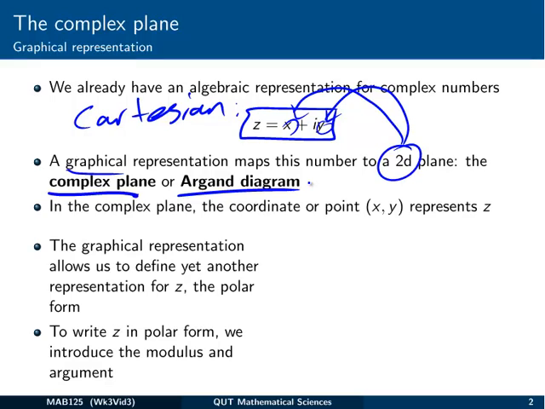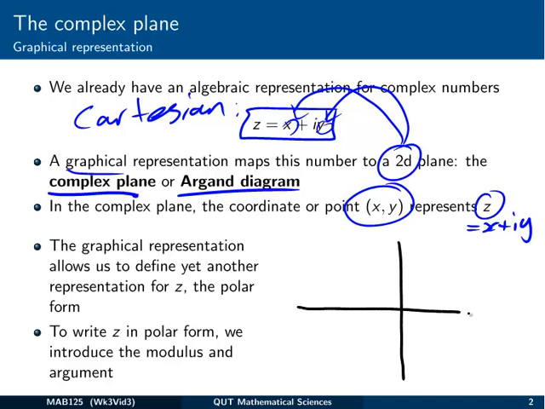In the complex plane, which looks a lot like the Cartesian plane, our coordinate xy is going to represent the number z equal to x plus iy. So what we're going to start to see is representations like this. Looks just like a Cartesian plane, except what we're going to have for axes is the real part of z and the imaginary part of z.